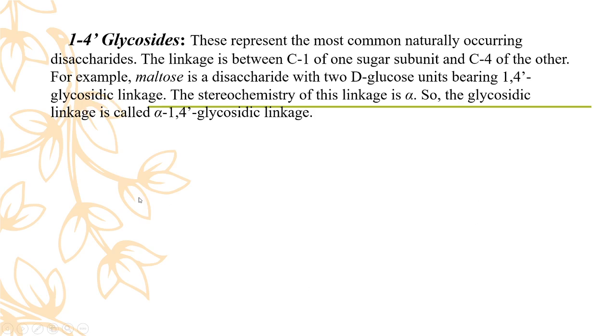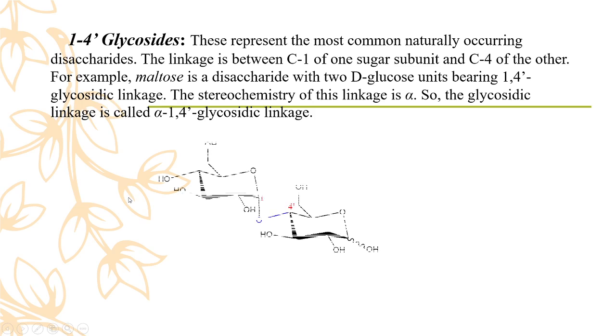So the glycosidic linkage is called an alpha 1,4 glycosidic linkage. So you can see the structure for maltose. Here this is the maltose sugar and this is the disaccharide. So you can see the first monosaccharide, here it is a D-glucose, and here you can see this is the axial OH. The first anomeric carbon or first OH of this sugar is axial, or you can write here as the alpha position.